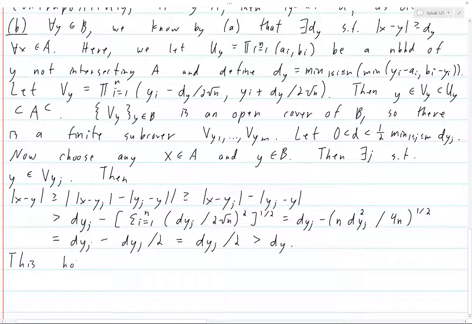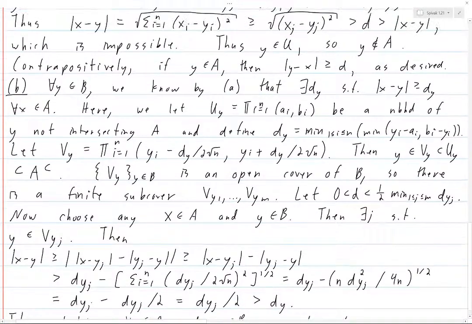This holds for all x in A and y in B, as desired. That's what we wanted: this to hold for every single x in A and y in B. And so that's that. Did I forget to do part C?